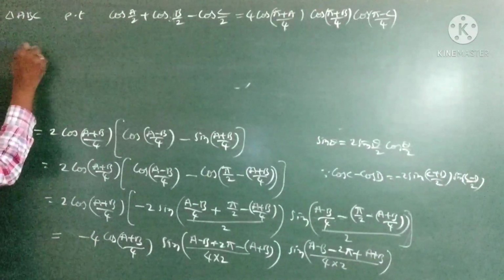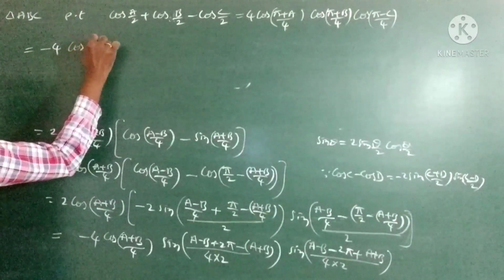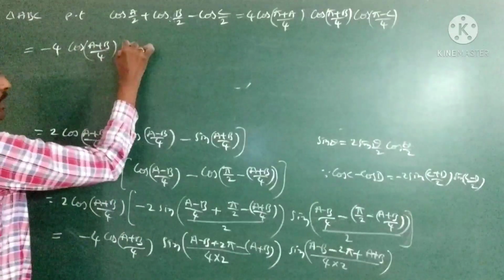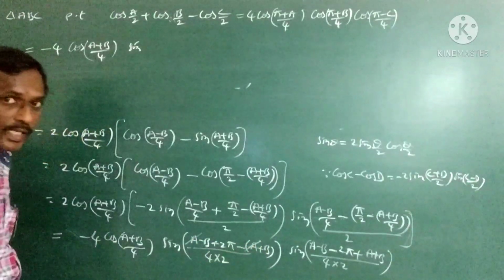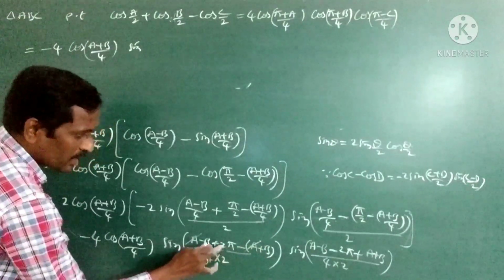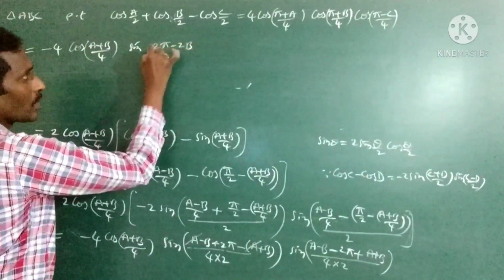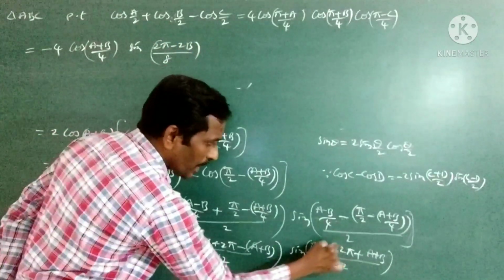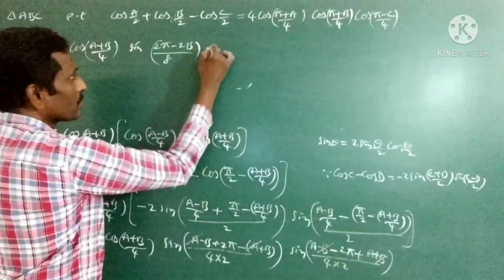So this equals to minus 4 times cos function A plus B by 4 of sine function. Here what we get, plus A minus A get cancelled. Minus, it is A minus B, 2 pi. So 2 pi minus 2B by 8. Coming to this, minus B plus B get cancelled. 2A minus 2 pi.